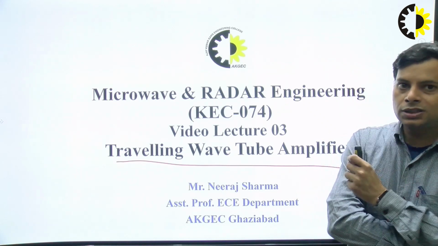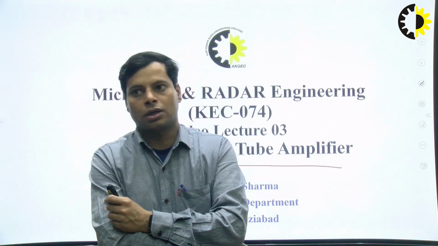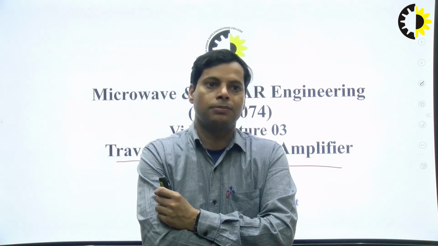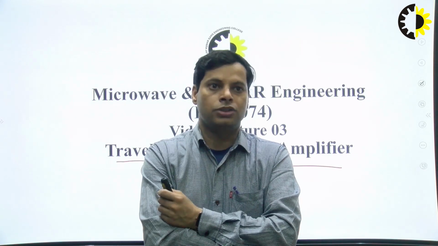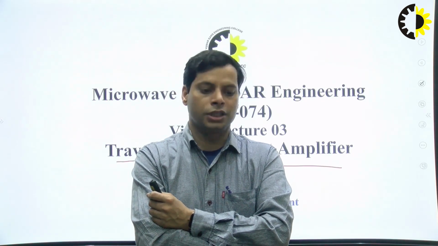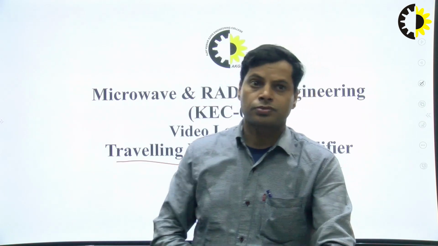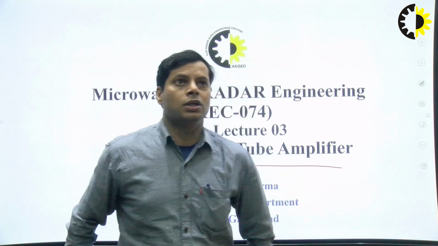But all these are related to the category of cavity, where the basic principle of signal amplification is the cavity. First of all, the cavity is responsible for the generation of the microwave signal.